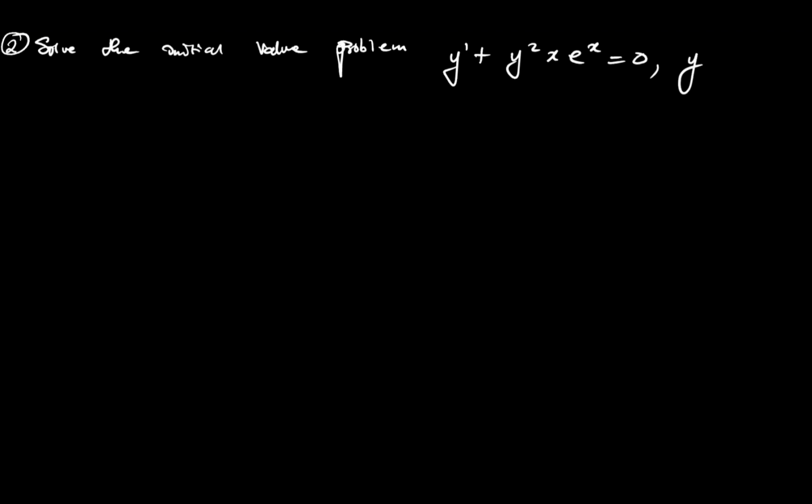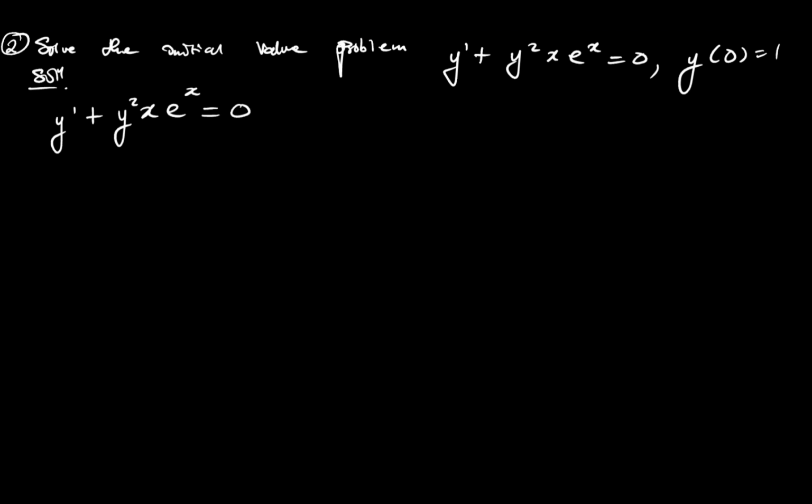Okay, so y at 0 is 1. Alright, so let's solve this. So we're having y prime plus y squared x e to the power x being equal to 0.